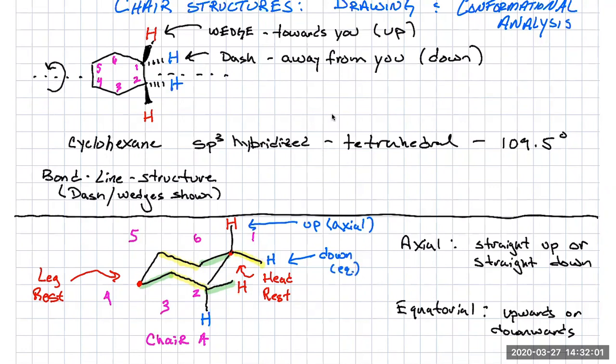If you see here, that's equatorial, but it's up. And this is axial down. So looking at carbon 1 and then carbon 2, if the axial is up on 1, then it must be down on 2. And so that pattern alternates all the way around the ring if you draw in all the groups.